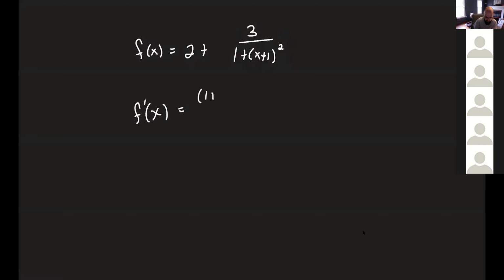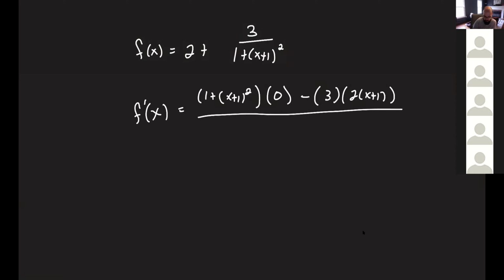The denominator is 1 plus x plus 1 squared. So this is low. The derivative of my numerator is 0, so low d high minus high. And when I take the derivative of my denominator, I get 2 times x plus 1. And then all that's going to be over 1 plus x plus 1 squared, and all that squared.